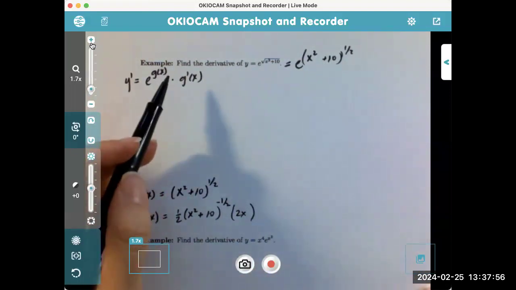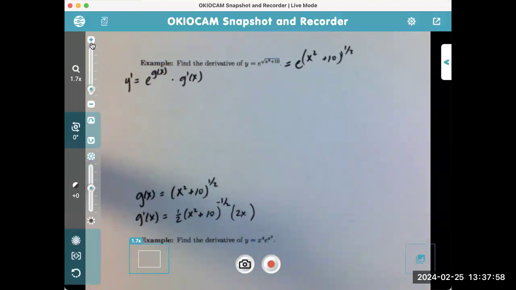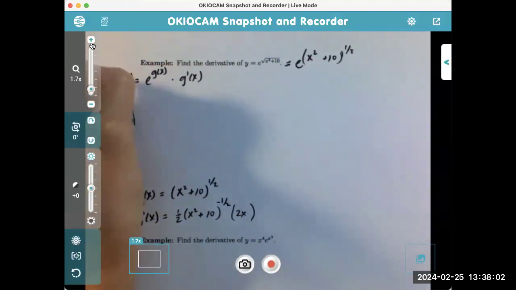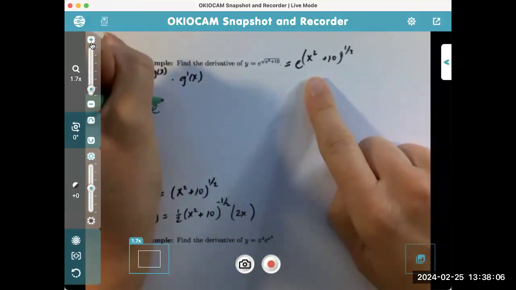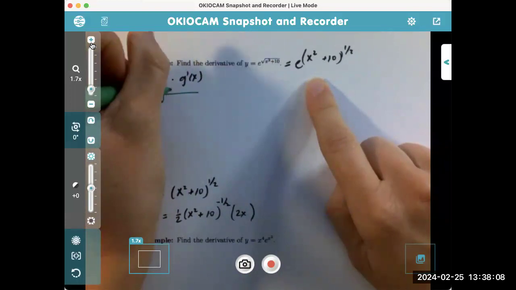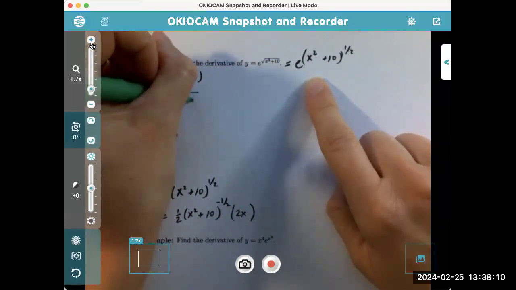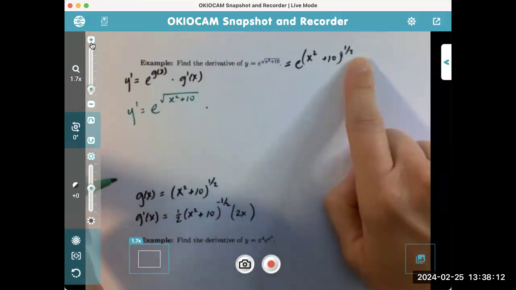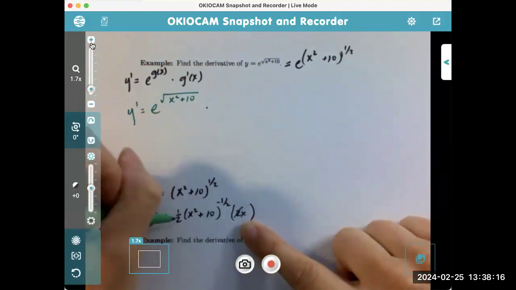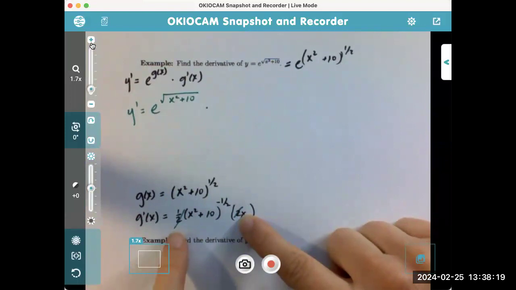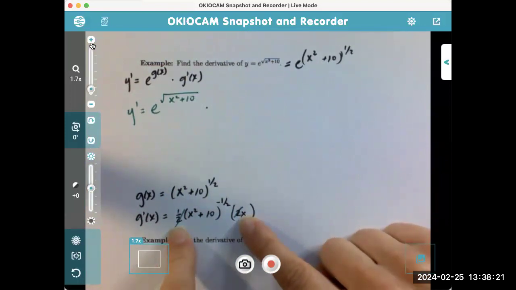So now we're just going to follow this. Let me change colors for visual effect. So y prime is equal to, copy paste, e to the square root of x squared plus 10, times the derivative of this. We got that right here. Oh, but look, that 2 and that 2 cancel because that 2's in the numerator, that 2's in the denominator.